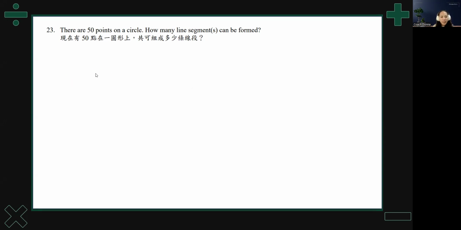Another shortcut is that you'll have to add the number of points minus 1, plus number of points minus 2, plus so on and so forth until you end up with 1.